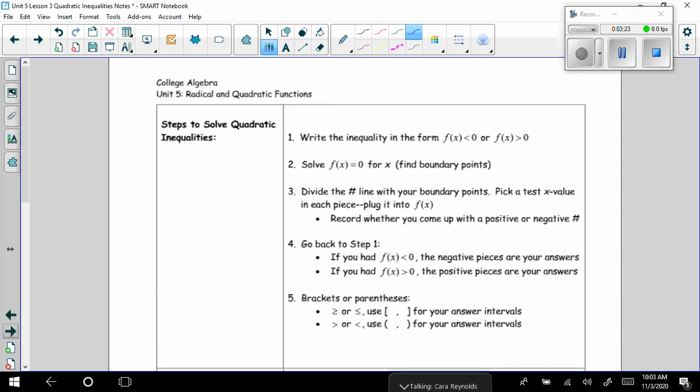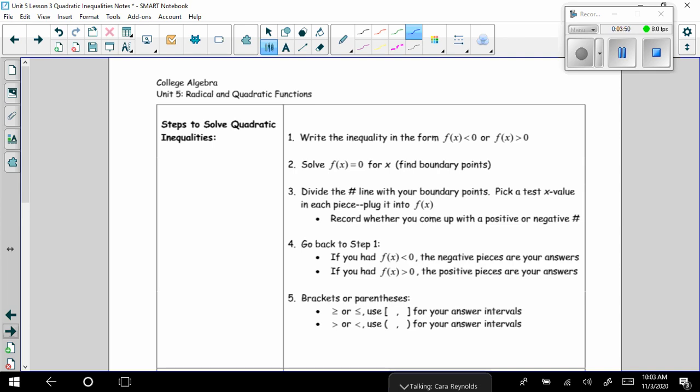Okay, so to solve a quadratic inequality, write the inequality in the form f of x is less than 0 or f of x is greater than 0. Solve for your x-intercepts so that you can find your boundary points. Where is it going to cross over? Divide the number line with your boundary points and then pick a test x value in each and plug it into f of x.